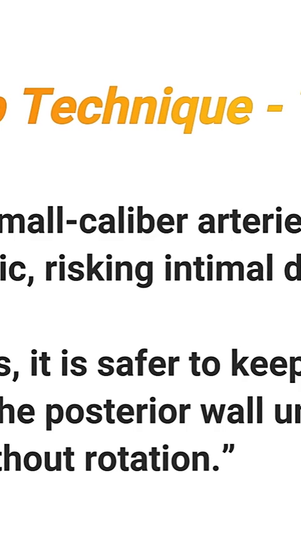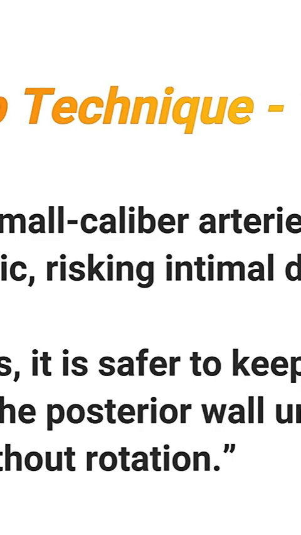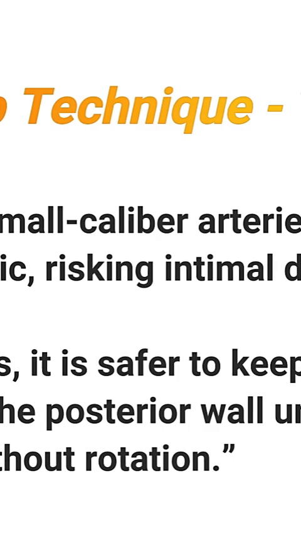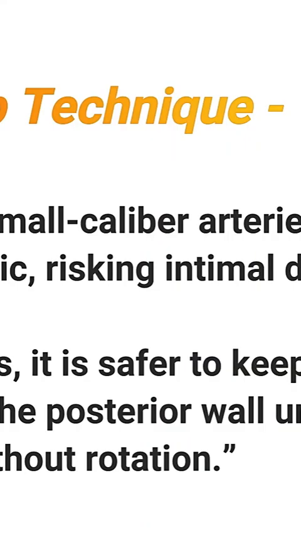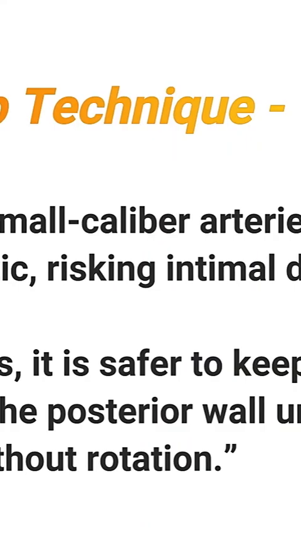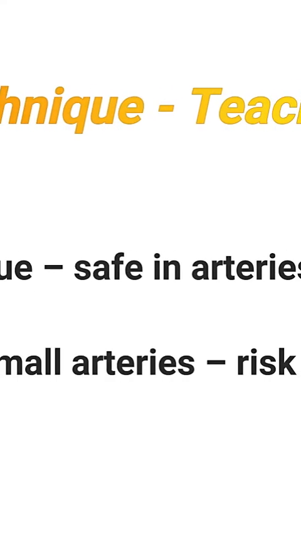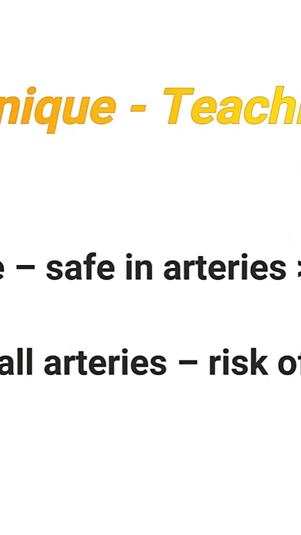In the case of smaller diameter vessels, it will be wiser to sew the posterior wall under vision, under magnification of loupe or microscope. Do remember, don't use this technique in smaller vessels; only use it when it is a larger vessel, more than 4 mm.